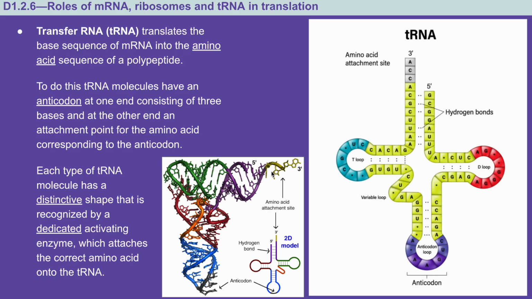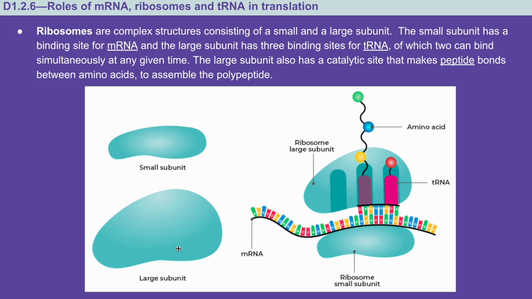And at this end, we have our amino acid attachment site. Remember, only a specific amino acid of the 20 will attach to any given tRNA based on its anticodon. Each type of tRNA is going to be activated by having an amino acid added to it using a specific enzyme.